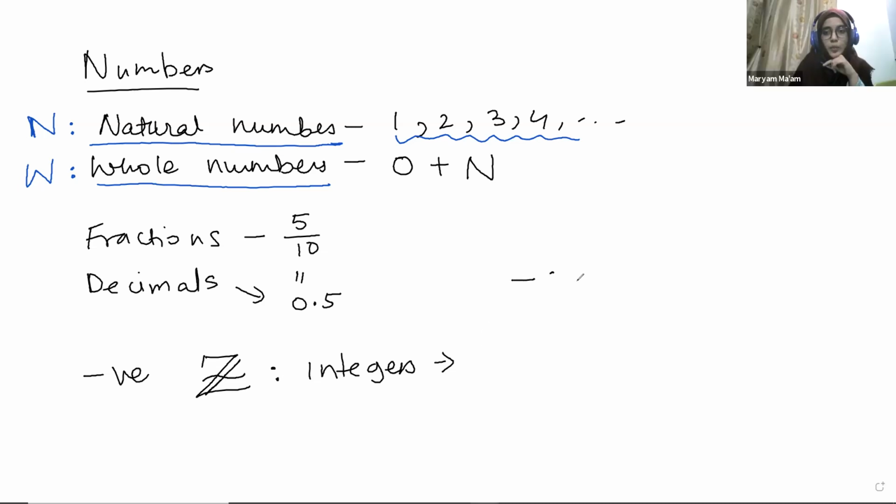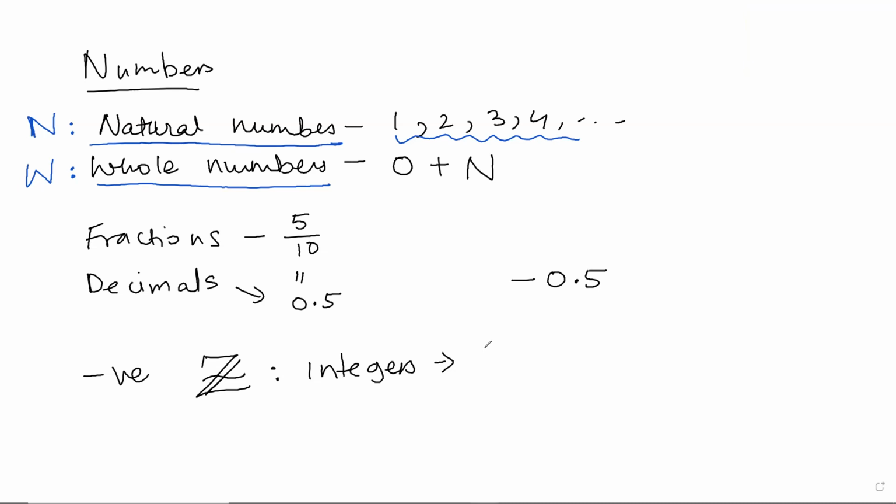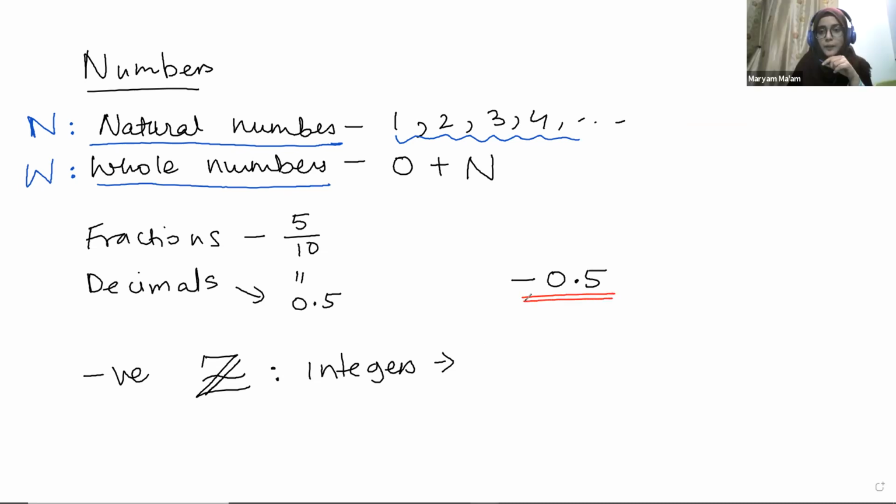Okay. So is minus 0.5 an integer? No, ma'am. It's a decimal, but it's not an integer, right?